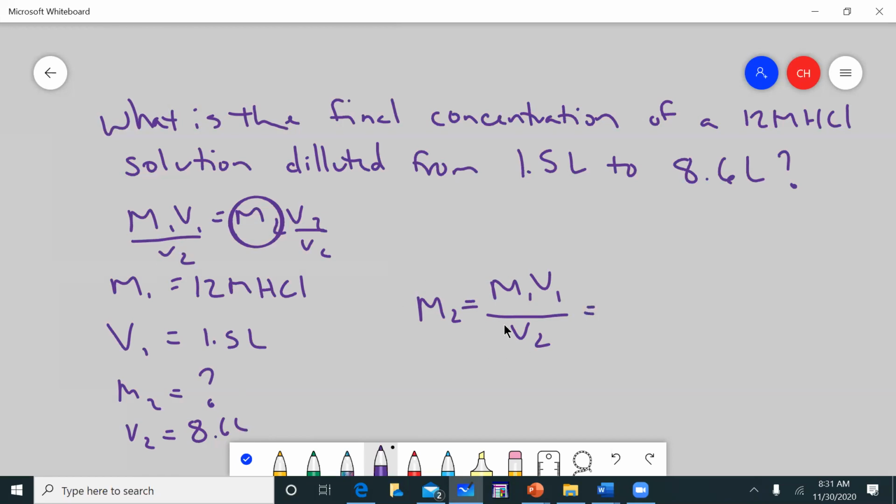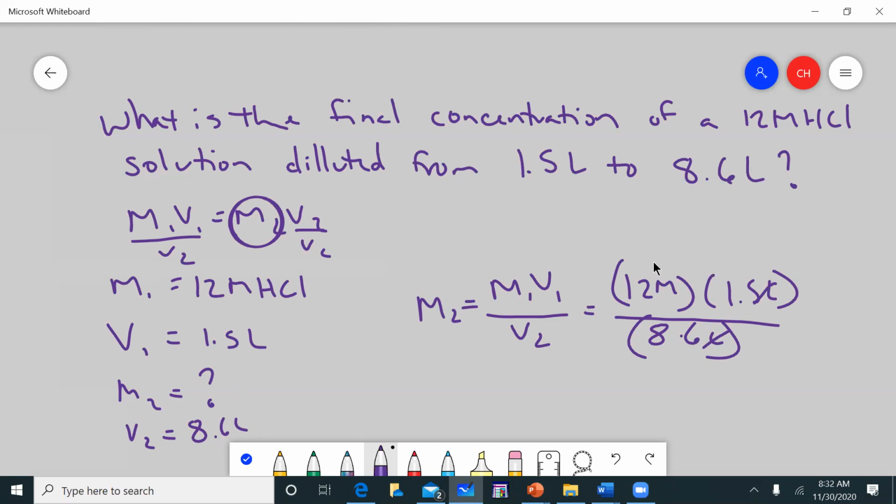We plug our information in. My initial concentration is the 12 molar. My initial volume is the 1.5 liter. And my final volume is this 8.6 liter. What we'll see is the liter units cancel and we'll be left with units of molarity, which is a concentration, which is what we would want when solving for concentration.